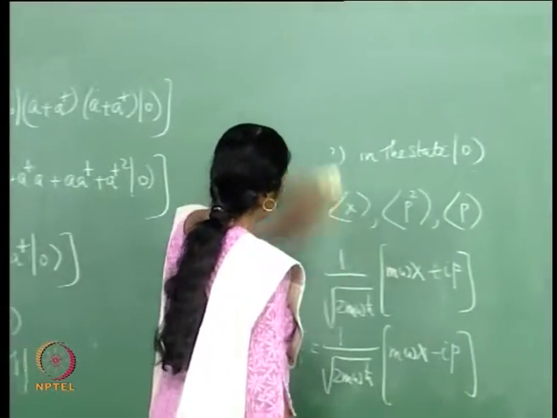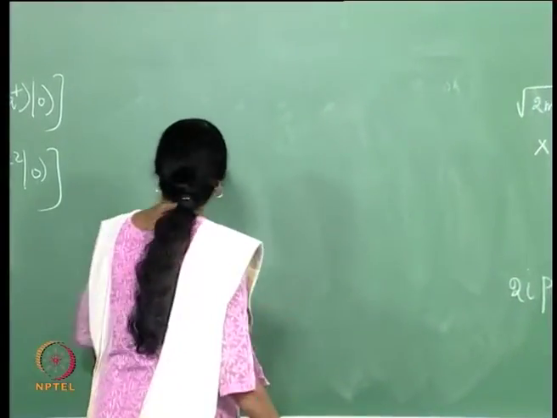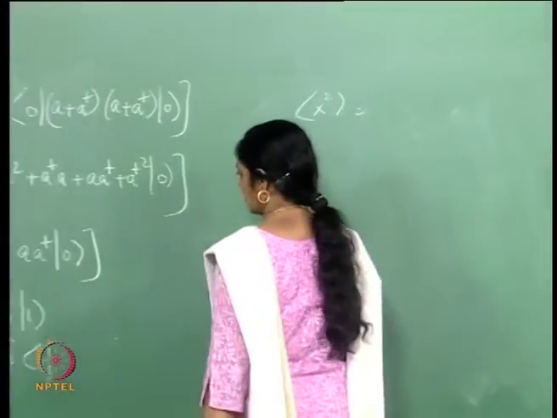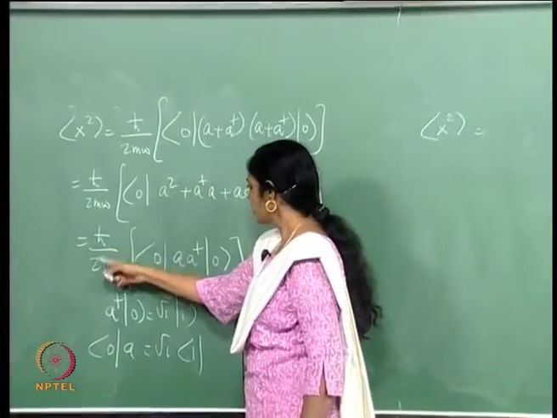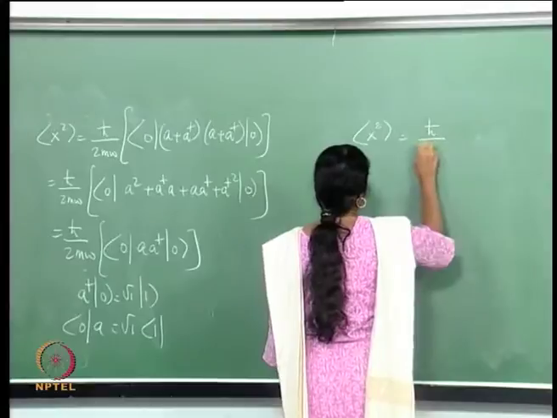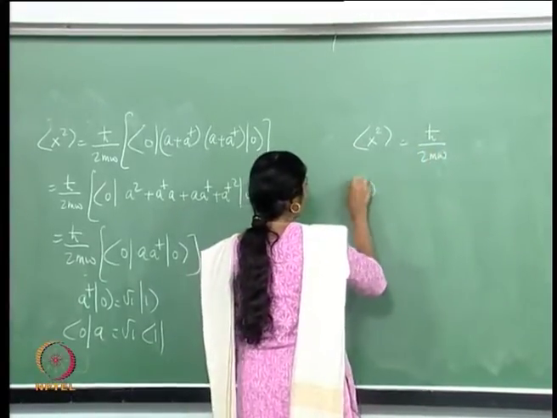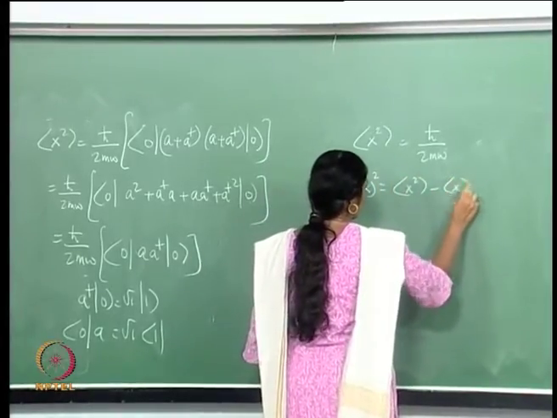Therefore, I find that the expectation of x squared in the ground state of the oscillator is h cross by 2 m omega. So, delta x the whole squared is expectation x squared minus expectation x the whole squared.